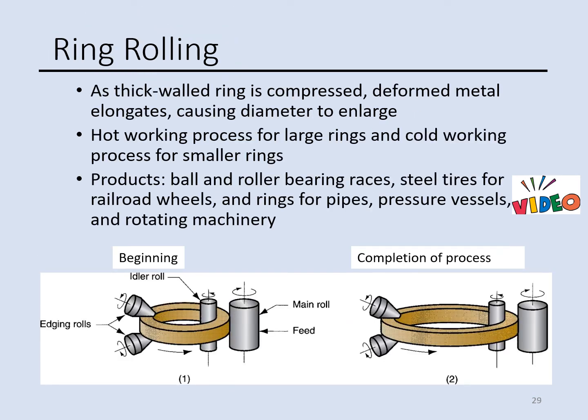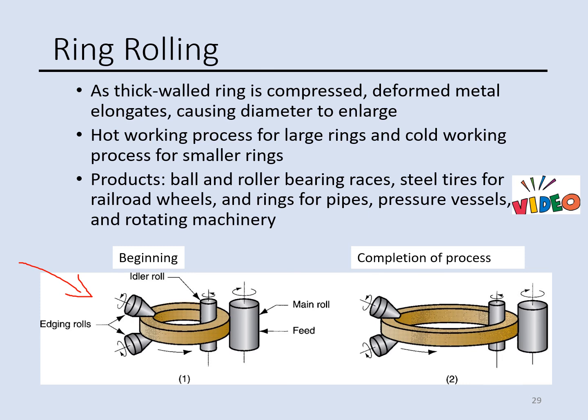Here we have the ring rolling process as shown in this picture, and this is one type of deformation process where a thick wall ring of smaller diameter is going to be rolled into a thin walled ring with a larger diameter.